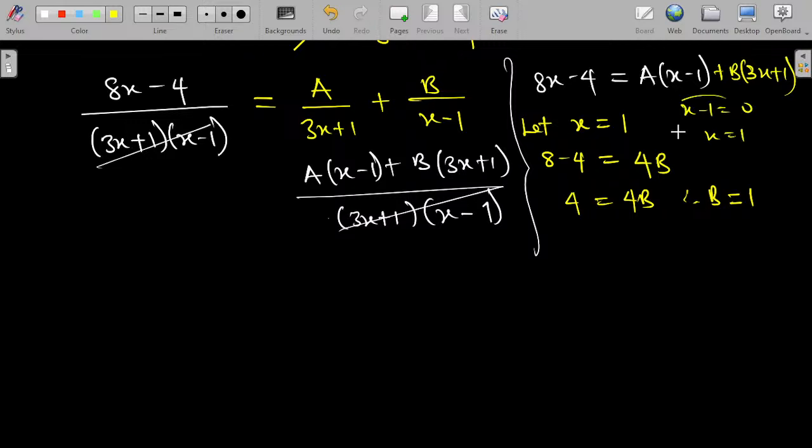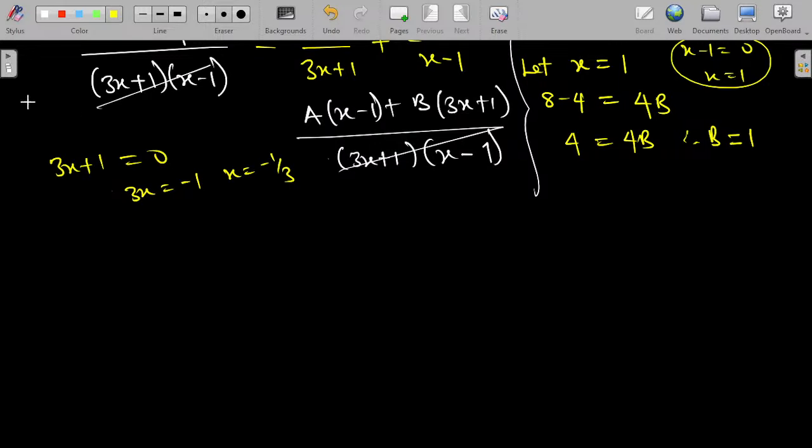In the same way, if I pick that 3x plus 1 and equate to 0, 1 will come over here to be 3x equal to minus 1, and so x will give me minus 1 over 3. So if I let my x be equal to minus 1 over 3, that will help me eliminate b.